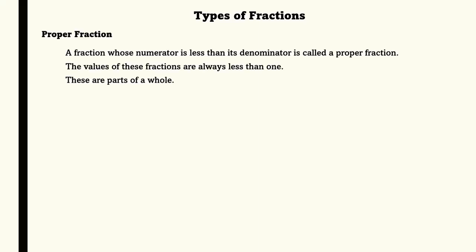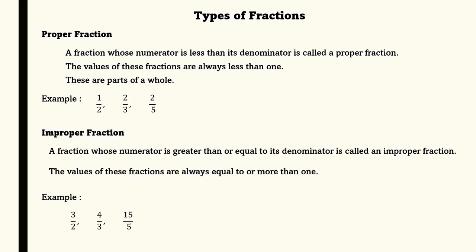Now, before going on to the rest of the questions, we're going to first tell you all about the types of fractions. A fraction whose numerator is less than its denominator is called a proper fraction. The value of these fractions are always less than 1. These are parts of a whole. Now, the next is improper fraction.